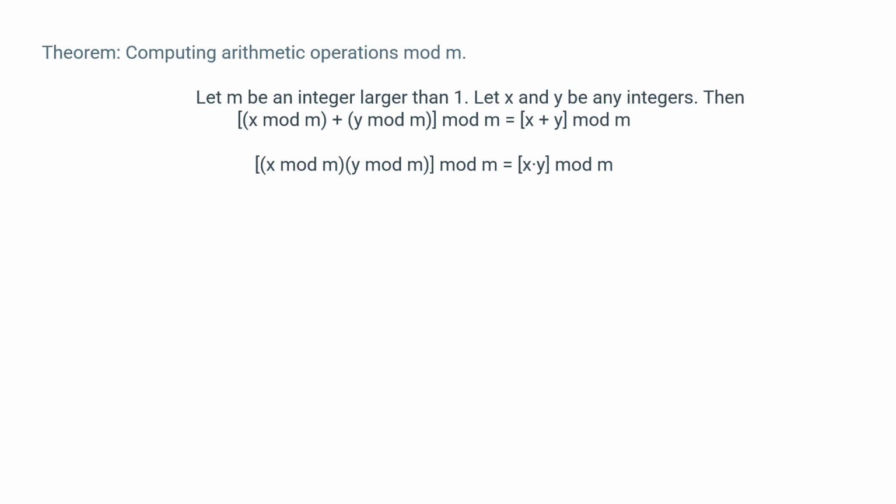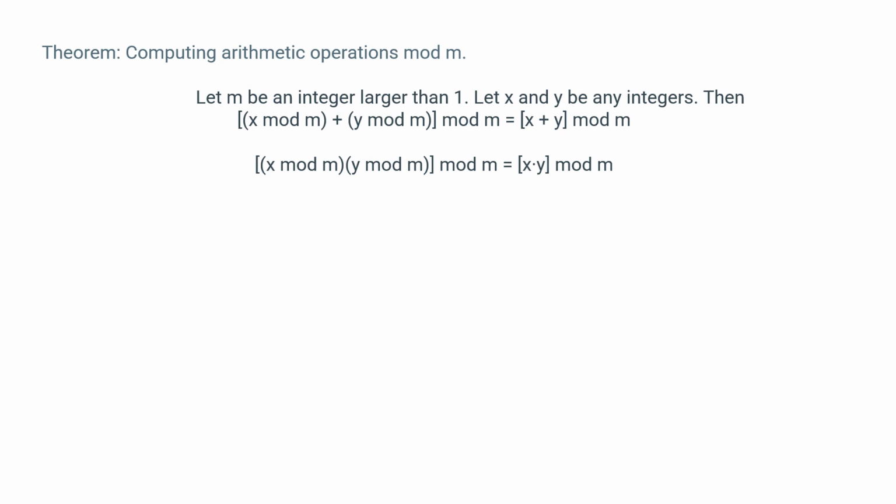It's saying that if we have m being an integer larger than 1, and x and y are integers, then if we want to take x mod m and add y mod m, and take mod m of those, it's the same as if we were to take just the x and the y first, add those together, and take mod m once. So it's saying we can either apply mod m all over the place there, or as on the right, just add them together and apply mod m once.